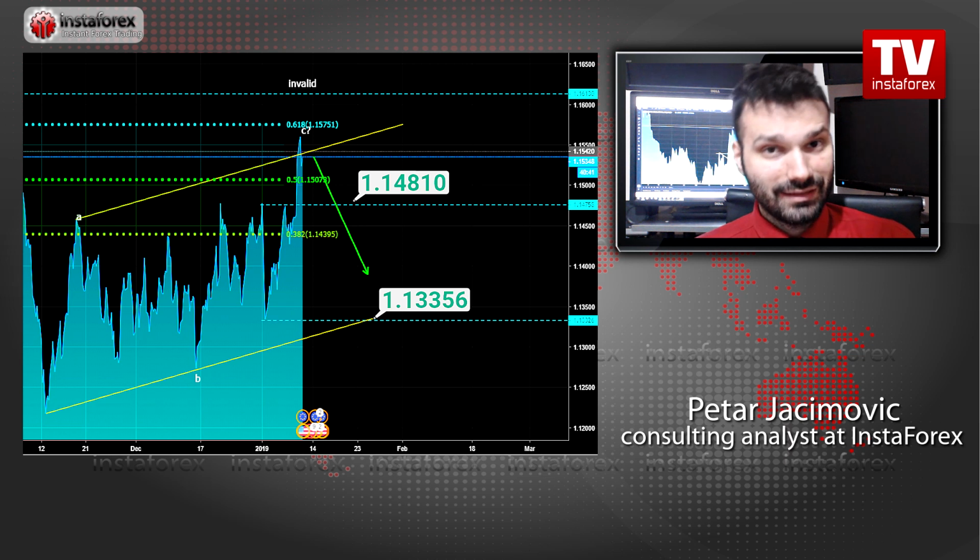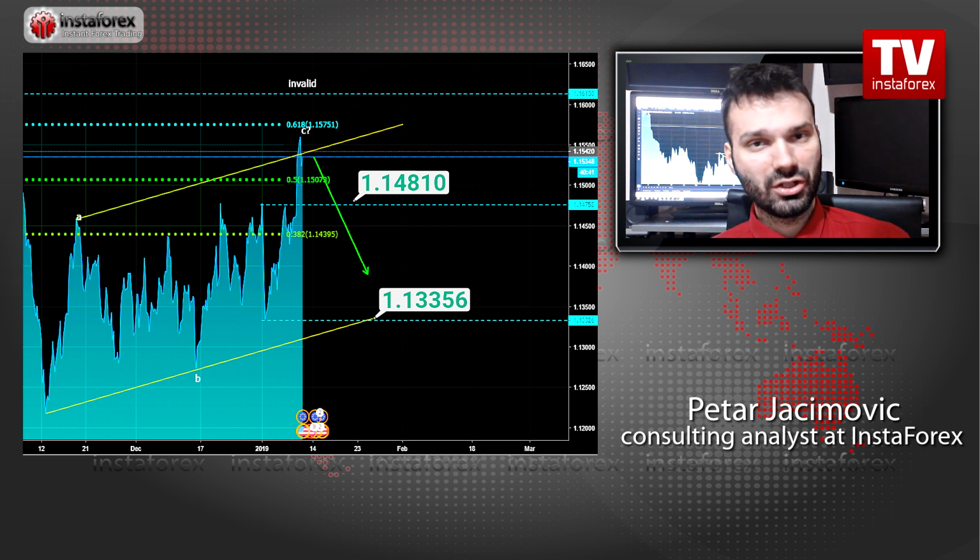The downward targets are set at the price of 1.1480, and the key downward target is set at the price of 1.1335. This bearish trading idea will be invalid if you see the breakout of the 1.1613, because this will confirm potential further upward prices, and you don't want to hold this potential sell position if you see again that euro dollar is trading above 1.1613.